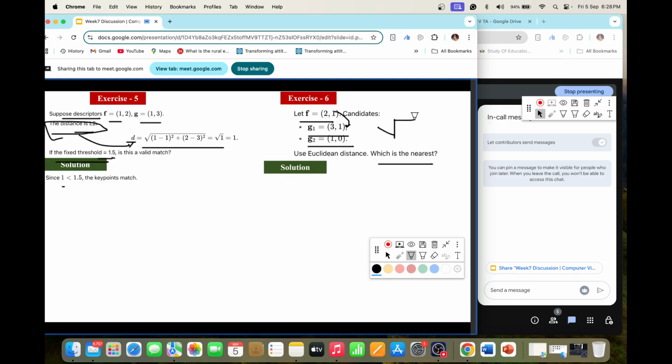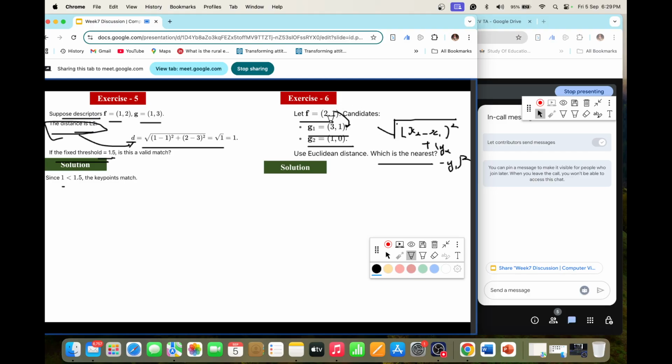It is the square root of (x2 minus x1) squared plus (y2 minus y1) squared. So that is Euclidean distance.